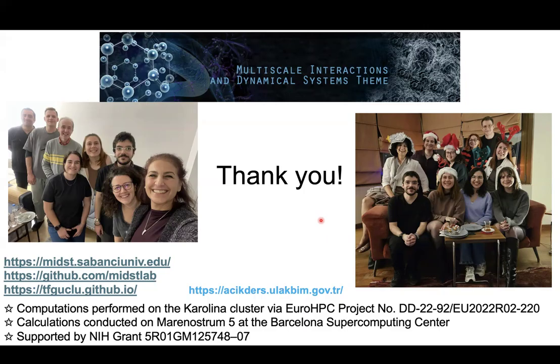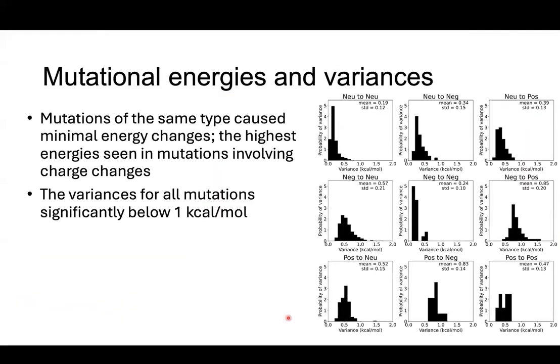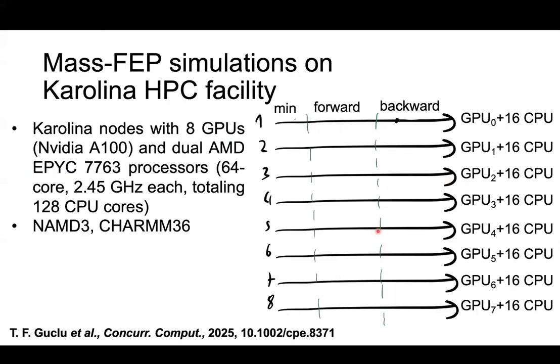On the Carolina supercomputer there were 8 GPUs for each node. So we want to parallelize 8 GPUs. There are 2 nodes, which makes 16 GPUs. On those 16 GPUs, we can run 16 FEP simulations parallelized.